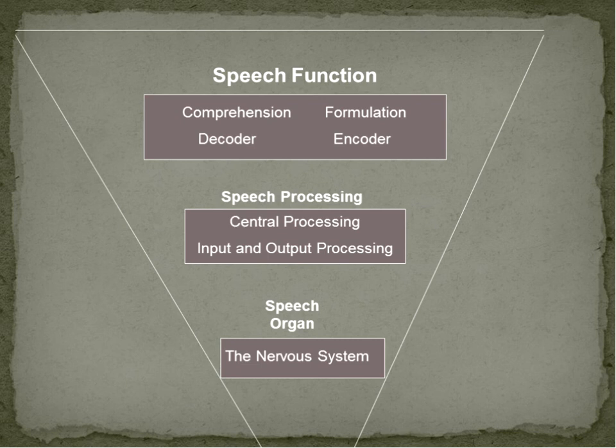Everything else is really about memorization, but in order for a person to initiate speech, the speech organ responsible for that initiation is the nervous system. And the process that it goes through in order to initiate speech is to conduct output processing, which is part of central processing.